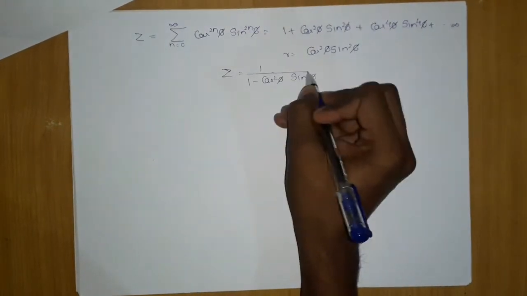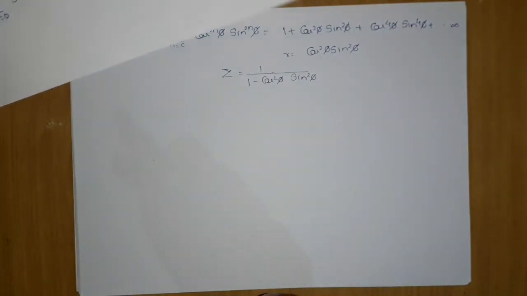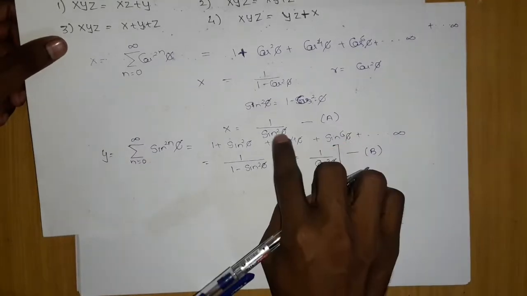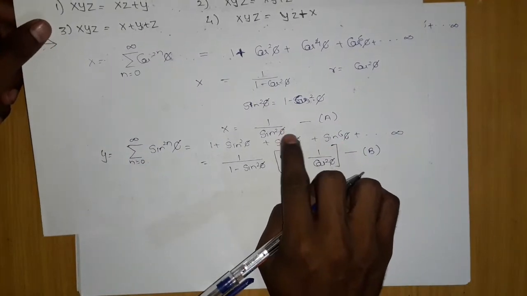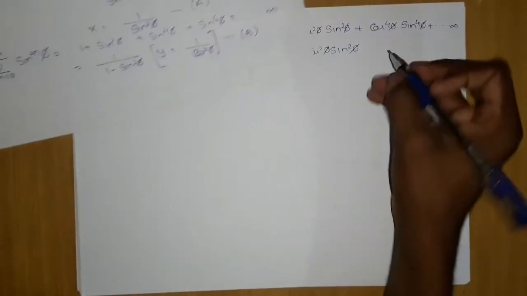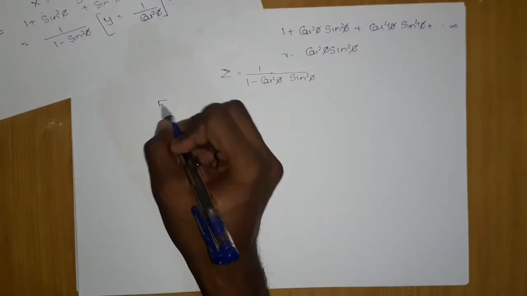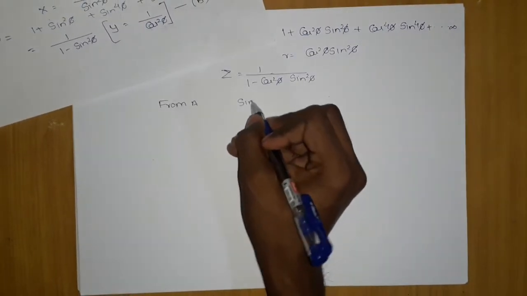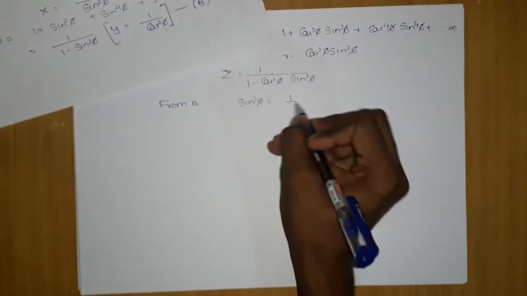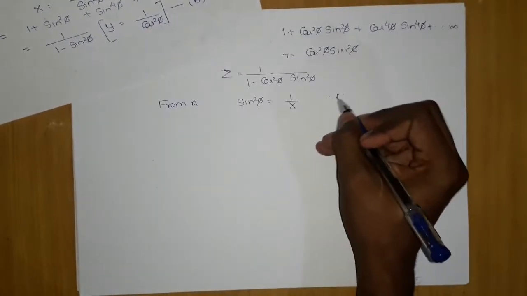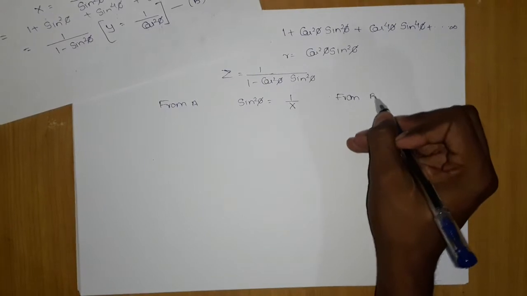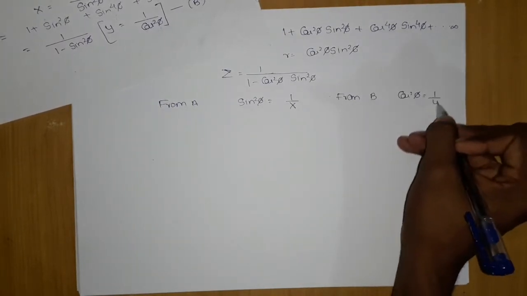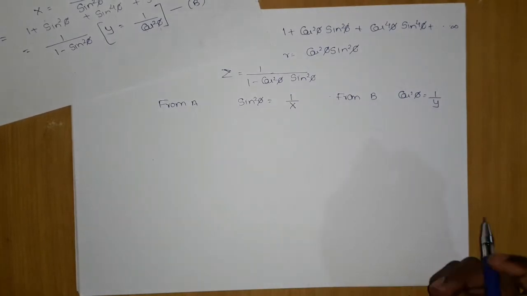After this, we can substitute the values. From a you can easily get sin square phi is equal to 1 by x, and from b cos square phi is nothing but 1 upon y. Simple.